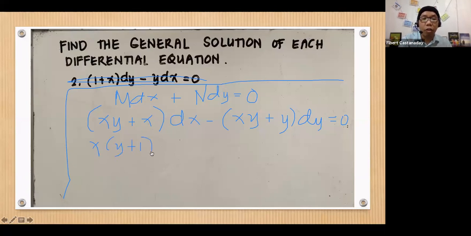It is a product of two functions, a pure function of x and a pure function of y, times dx. For the second term, you have x times y plus y. The common factor in each term is y, so factoring out y, you have x + 1 times dy equal to 0.